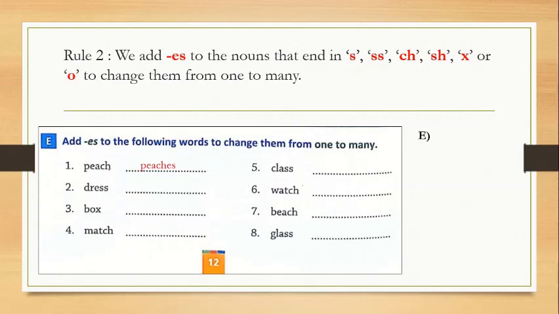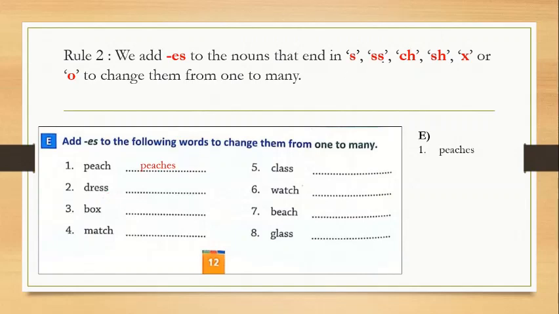First word is speech. Last letters are CH. So we will add ES, speeches. Next is dress. The last two letters in the word dress are SS.